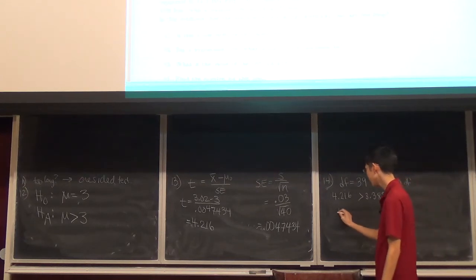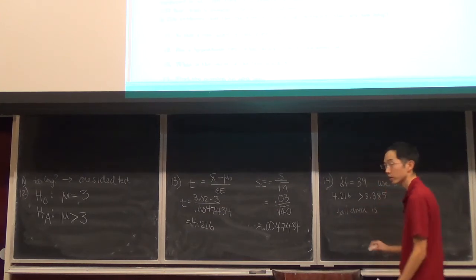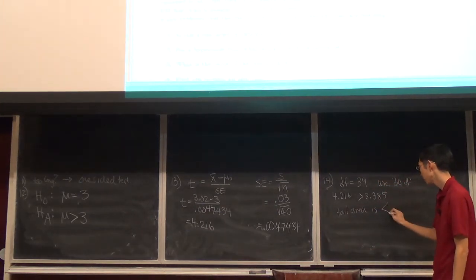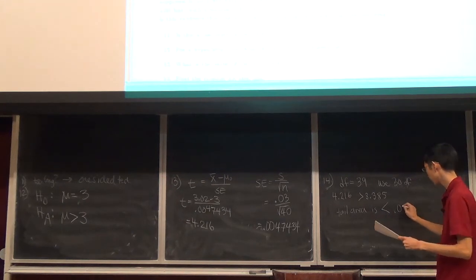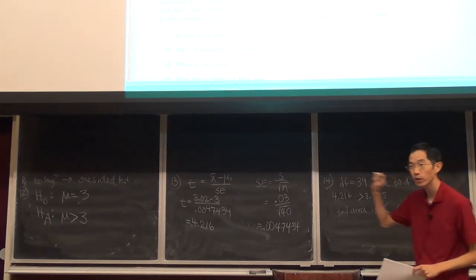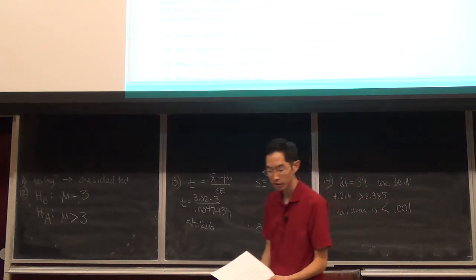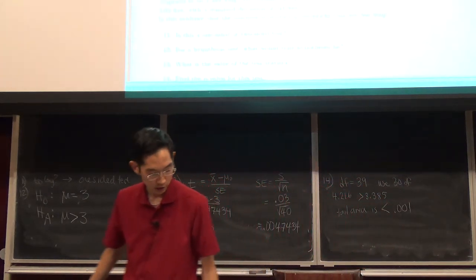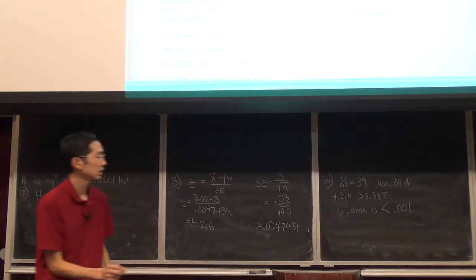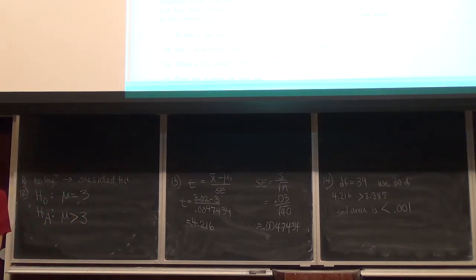So our tail area is less than 0.001, because we are farther away from 0, so the amount in our tail is going to be less than the corresponding value that shows up in the table.